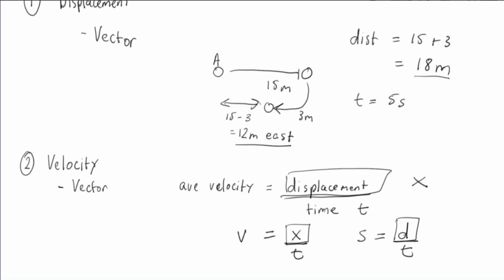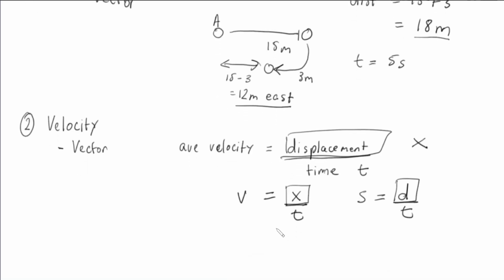So if we were to work out the velocity, we would get 12 divided by 5, which would give us 2.4 meters per second. Remember, time is measured in seconds, and x, or displacement, is measured in meters, whereas our speed would be equal to 18 divided by 5, which would give us 3.6 meters per second.